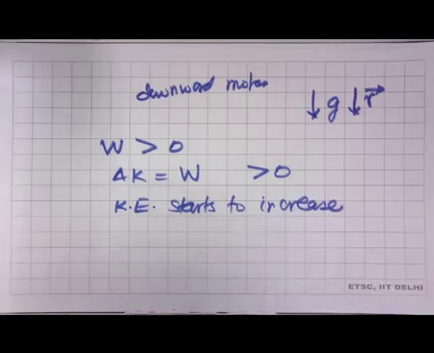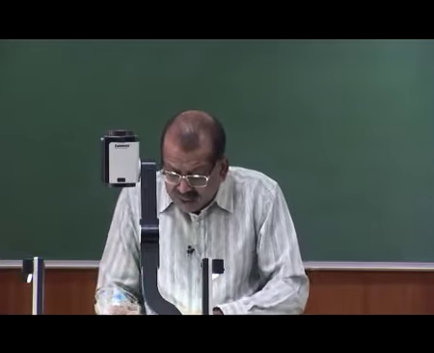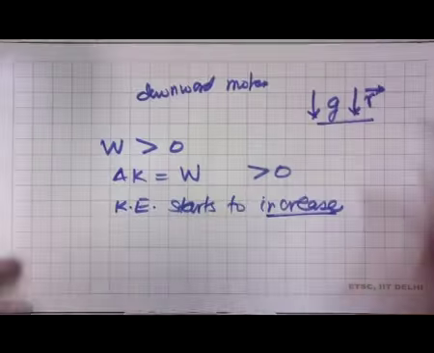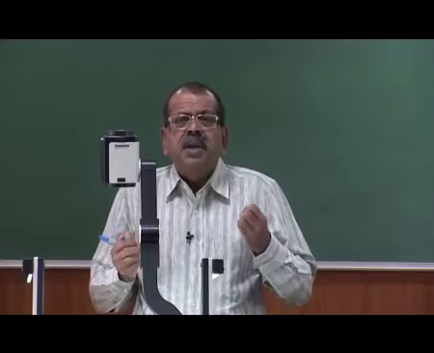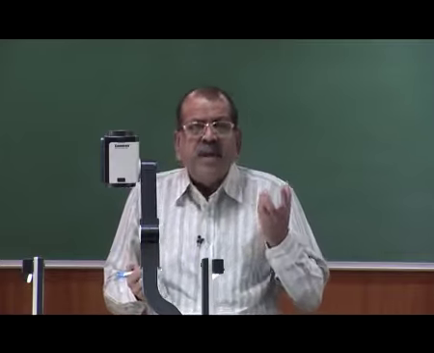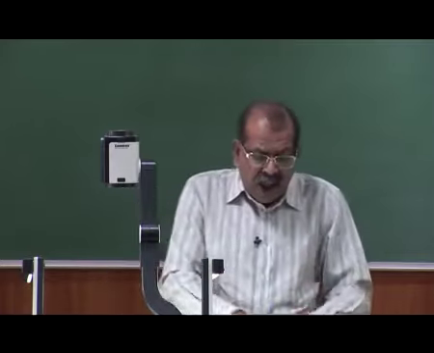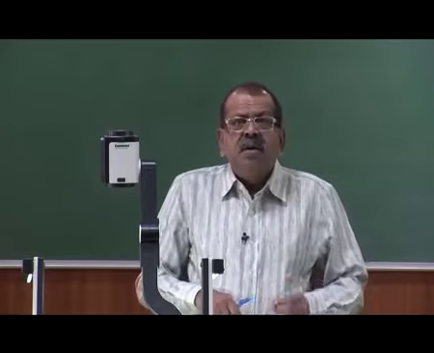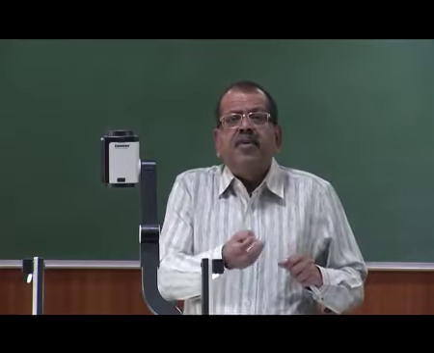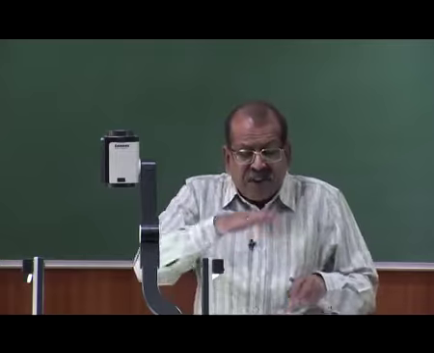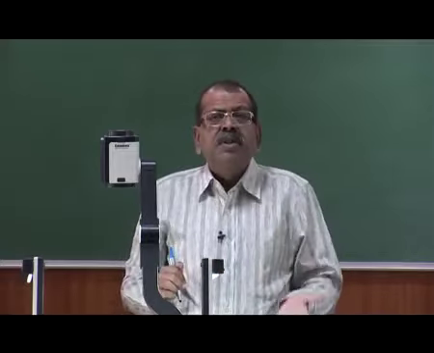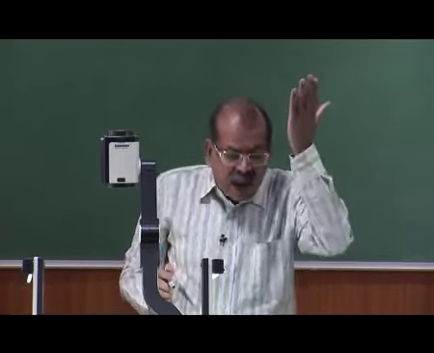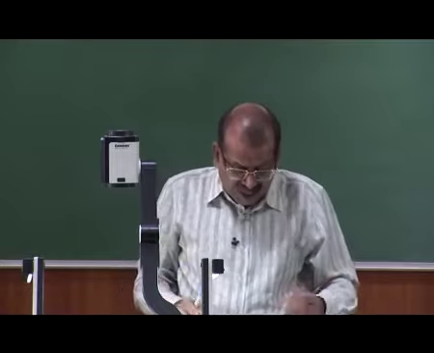Now, what it gives us a feeling of is the work done by gravity. Can we look at this, in some sense, as a stored energy? That is, as the ball moves up, there is some form of energy related to the vertical position of the ball, which increases, and as the ball comes down, this energy decreases.